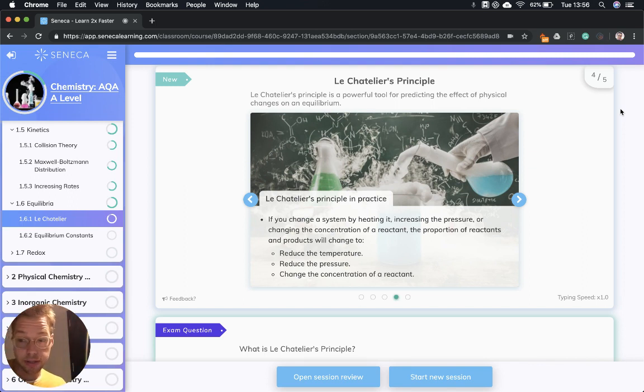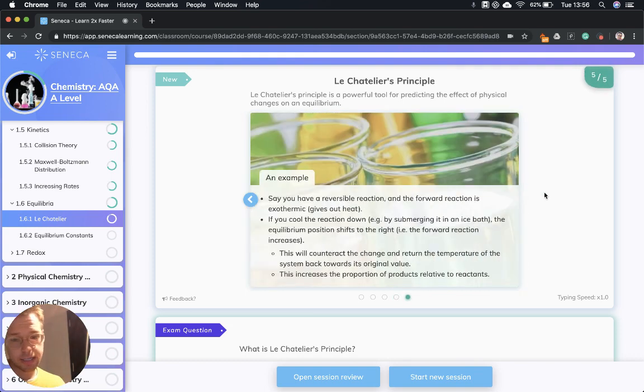So with Le Chatelier's principle, the system will respond to reverse any changes placed on the system. If we heat up a system, the system will respond by reducing the temperature. If we increase the pressure, the system will reduce the pressure, etc.